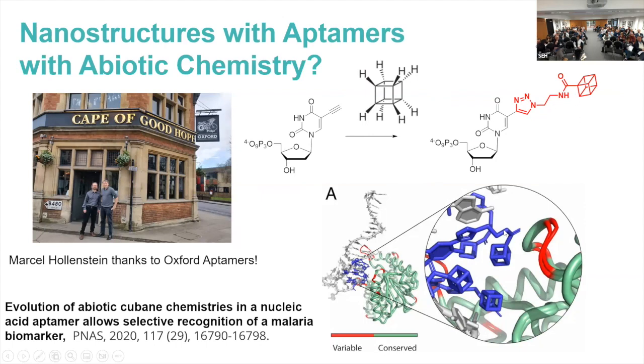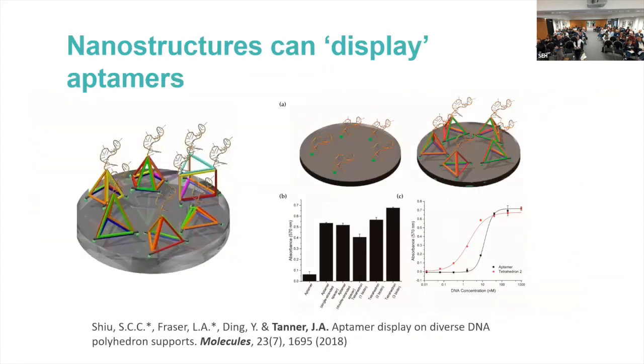Then we solved the crystal structure of the cubane aptamer together, this with the malaria biomarker, PvLDH. Using that sort of abiotic chemistry on that sort of motor could be really quite exciting. So these are directions we're thinking about.